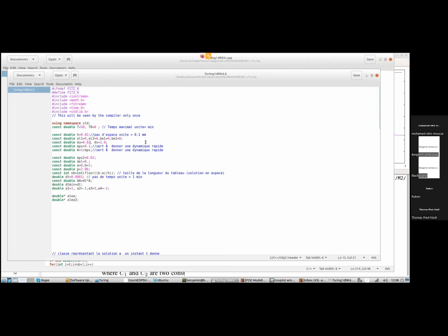So we want a sigma which is bigger than sigma 1. Sigma 1 is p square. So let's say I take it to be 10 or 15. Let's say 10.